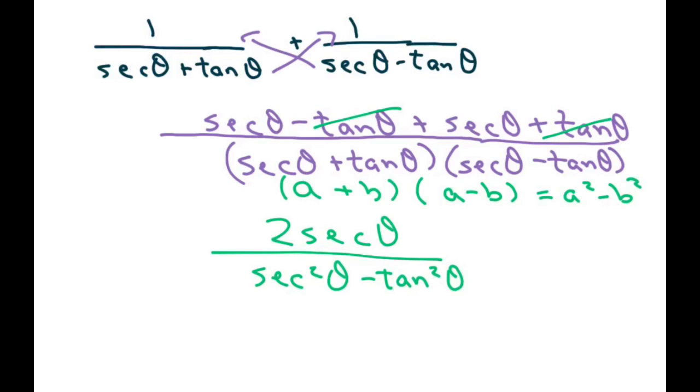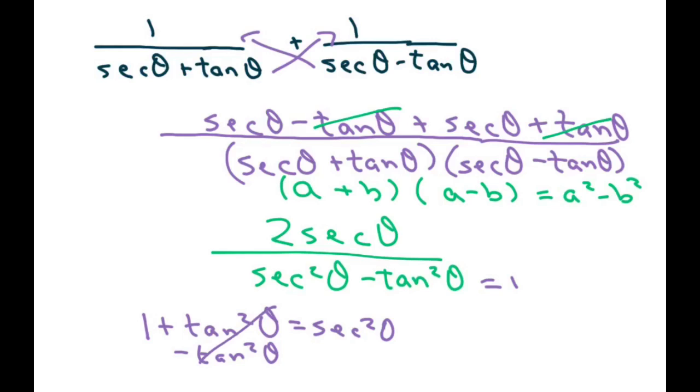Now, the denominator just equals 1, mainly because of your Pythagorean identity that 1 plus tan squared equals secant squared, and you're just subtracting tan squared from both sides. So that equals 1. So our answer is 2 secant of theta.